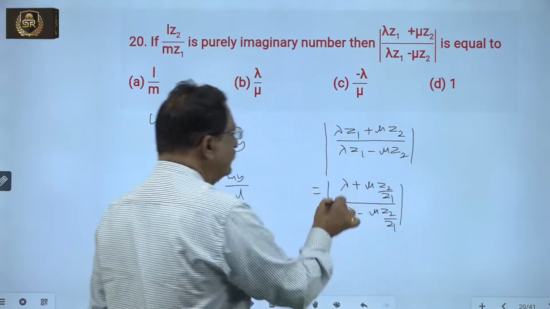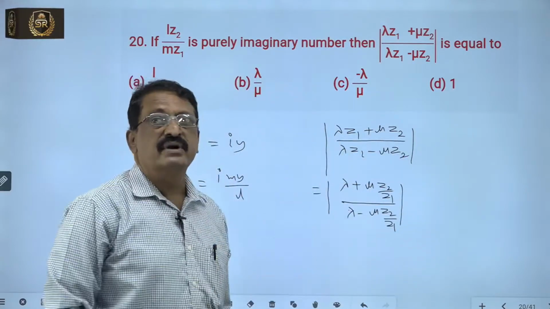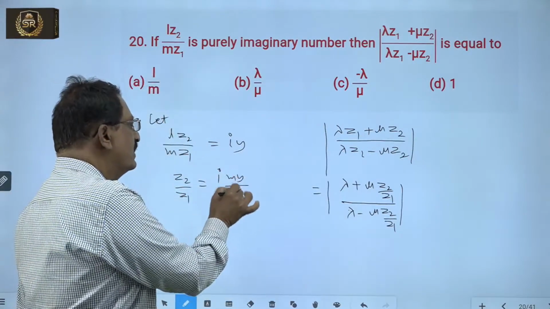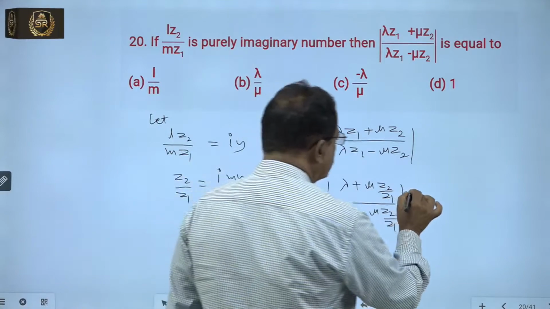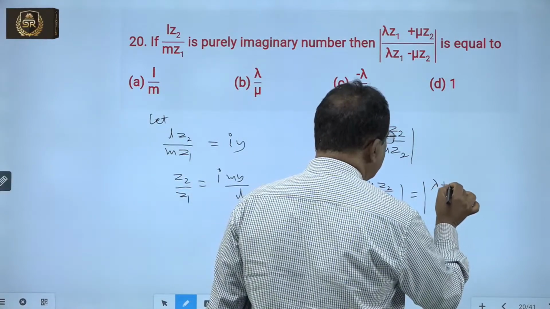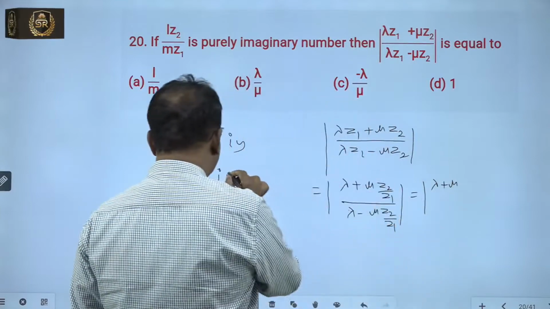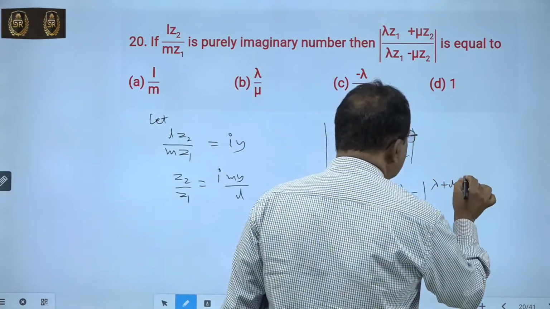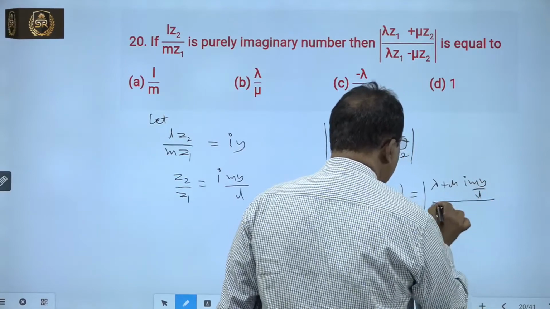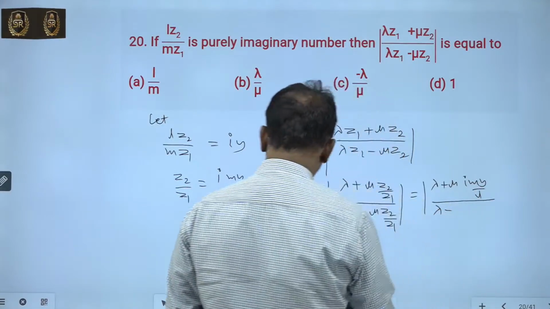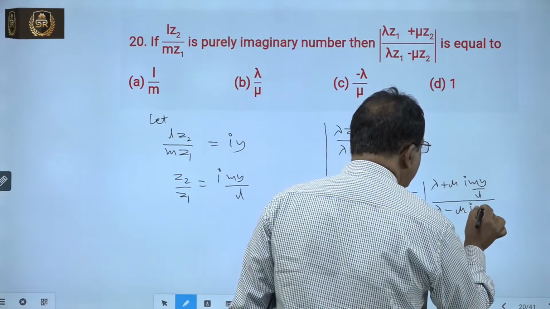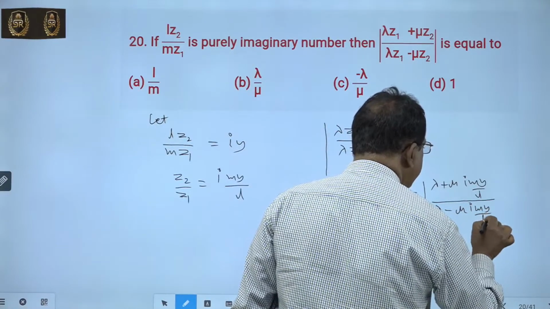Here z2 by z1 equals iμy by λ, so that equals mod of (λ + μ · iμy by λ) by (λ − μ · iμy by λ).